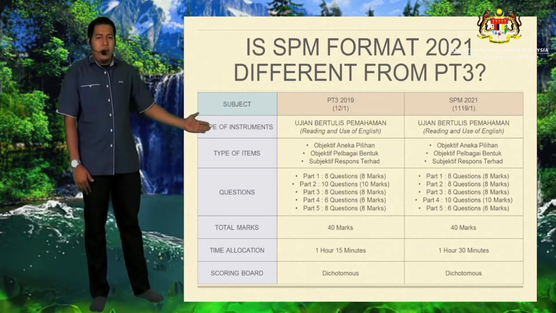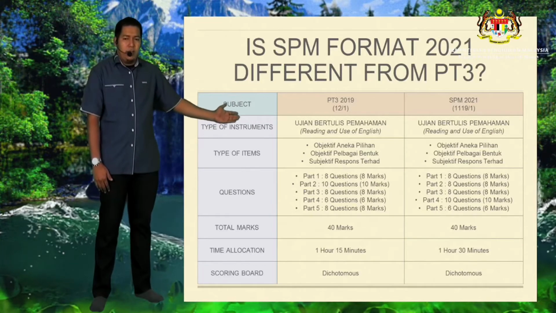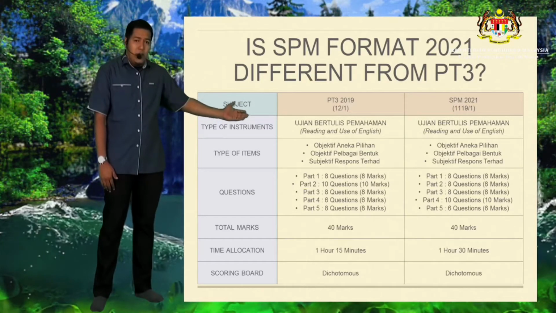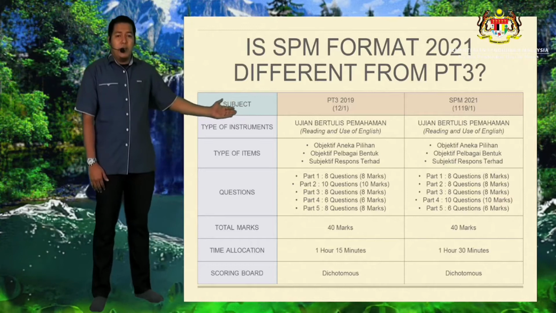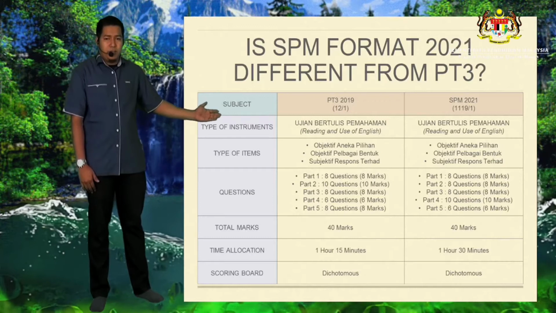For the type of items, both papers also share the same thing, which is objektif aneka pilihan, objektif pelbagai bentuk, and subjektif respon terhad.